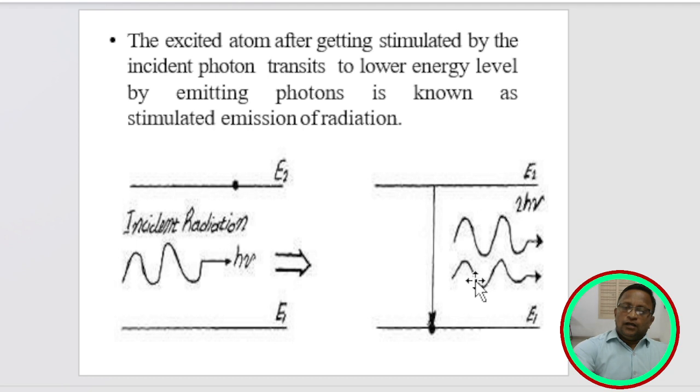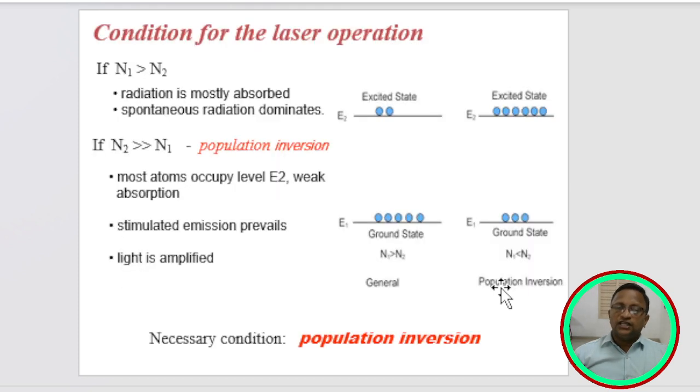So, here in the excited level, the atom is stimulated by another photon traveling from the ground to the higher energy level, and comes back to the ground level. This process of emission is called stimulated emission of radiation.